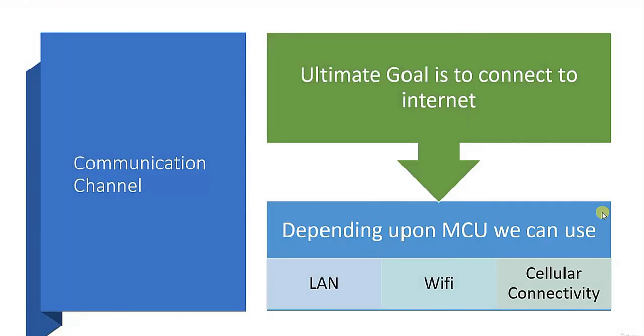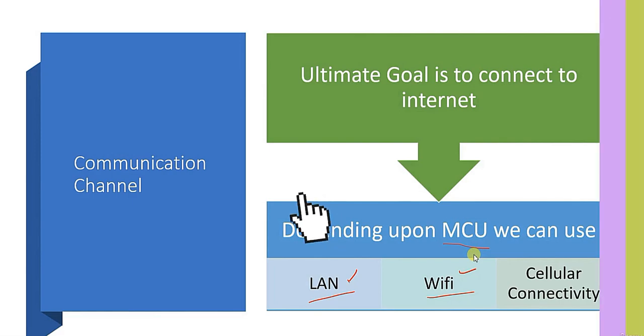In our case, where we are using Raspberry Pi, our ultimate goal is to connect with the internet, and with Raspberry Pi, we have these two options directly available, that is LAN as well as Wi-Fi. Depending upon which microcontroller you use, you have the option of using LAN, Wi-Fi or cellular connectivity to perform a direct connection. As said, Raspberry Pi already has these two interfaces.